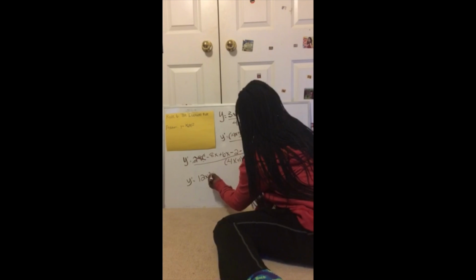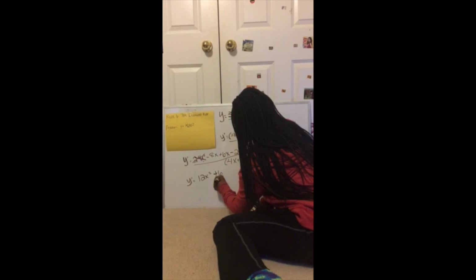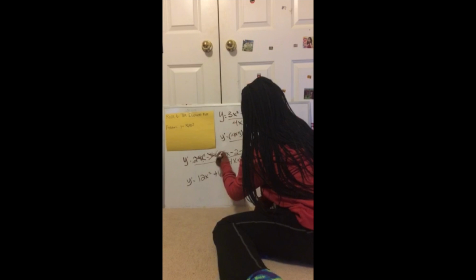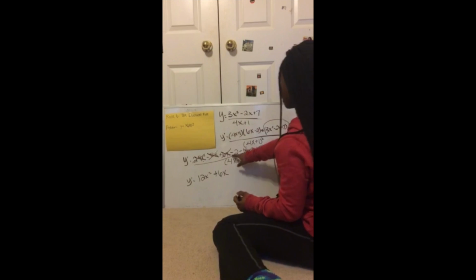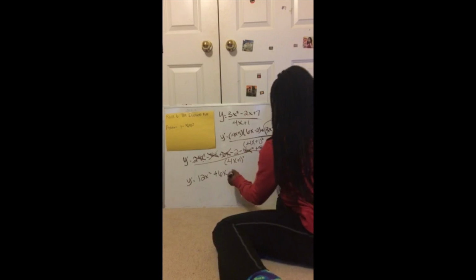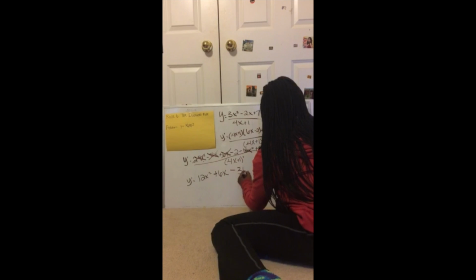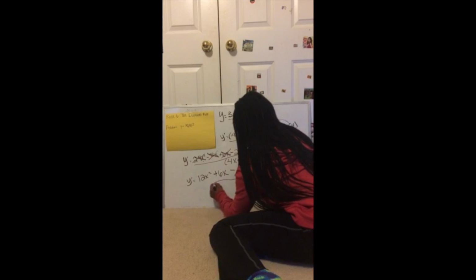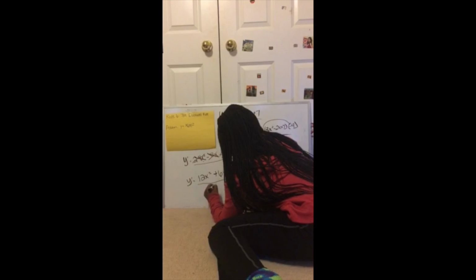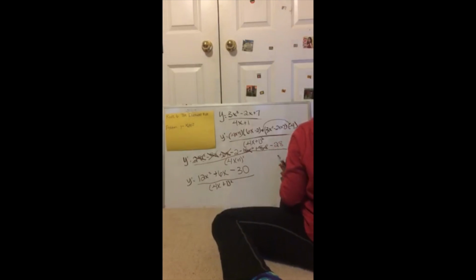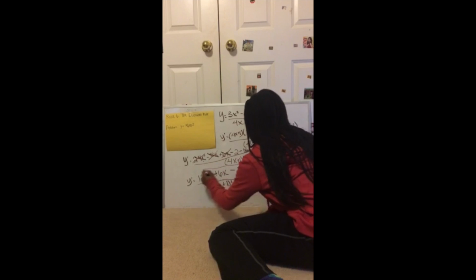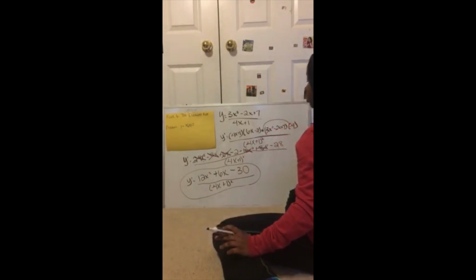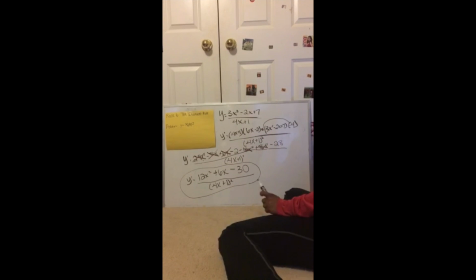So you just leave it as 6x and cross it out. And then lastly, negative 2 minus 28 is just a negative 30. And then all over what's squared below, which is just 4x plus 1 squared. And then that should be your answer. So the answer is 12x squared plus 6x minus 30 over 4x plus 1 squared.